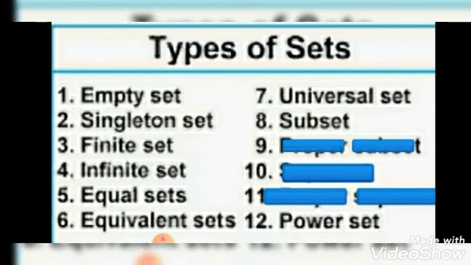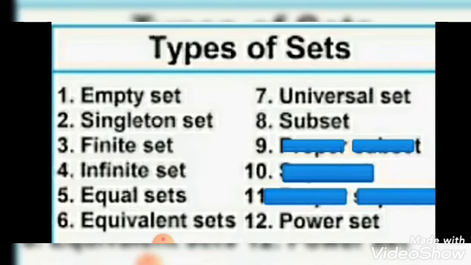For example, set A is equal to {1, 2, 3} and set B is equal to {2, 4, 6, 8}. What are the common elements? Only one common element is there, 2. So the intersection of A and B is equal to {2}.